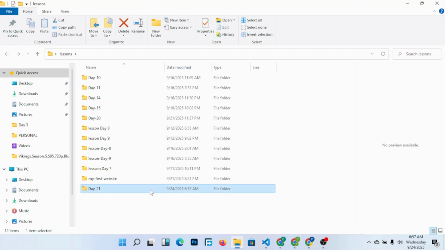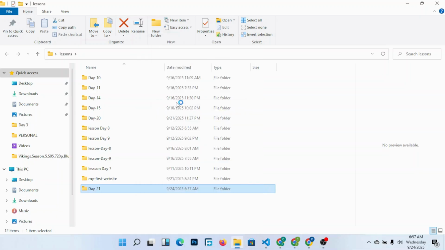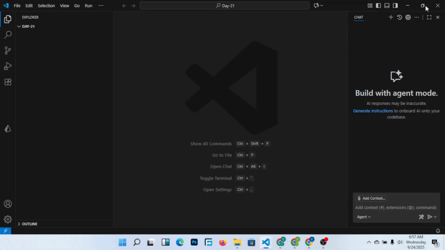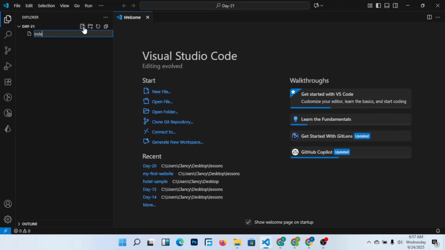I come here. This is the folder that I have. I say here open with code. Okay. I come here. I say index.html.